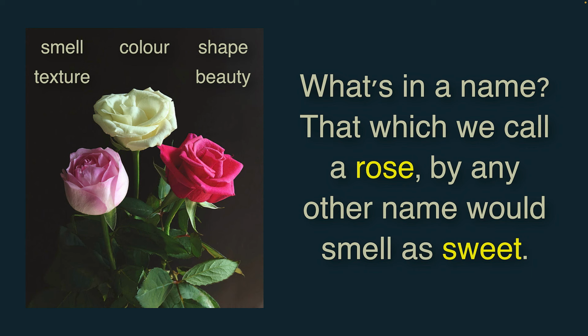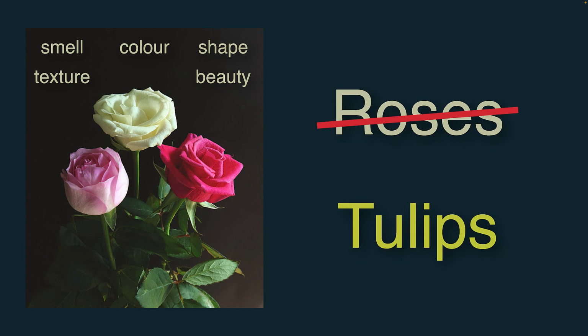And so what does this word rose really signify? Does it signify smell or color, shape, or all of them together or not? So that's the conundrum. Now, if we call them tulips, would it matter? So that's the question. Certainly in Hebrew and in ancient Near East culture and in the Hebrew Bible, it matters.